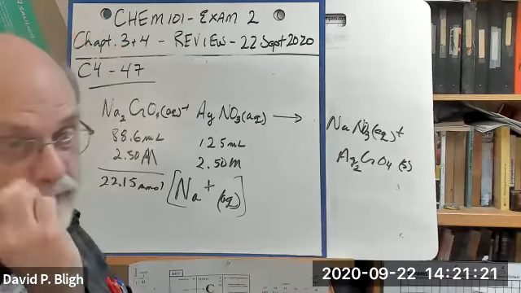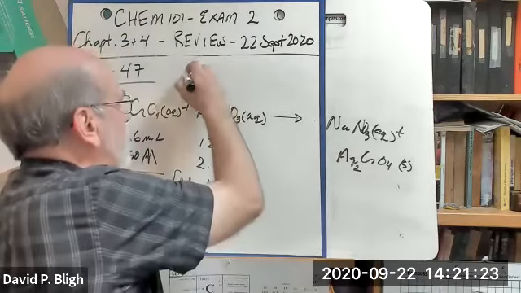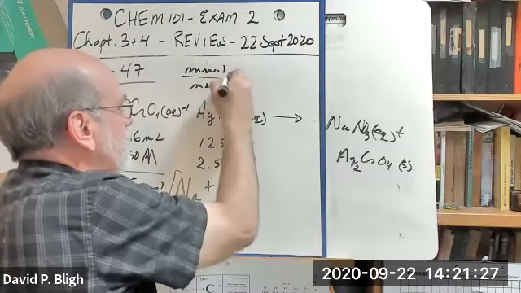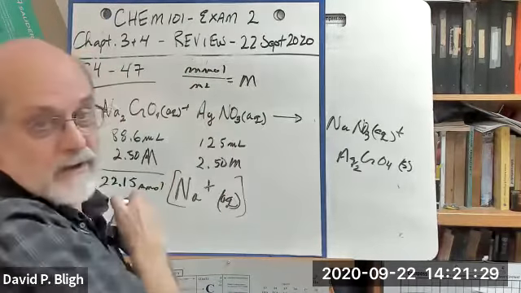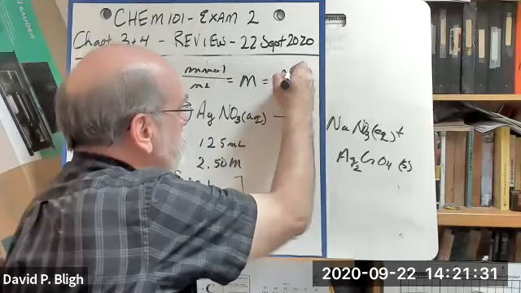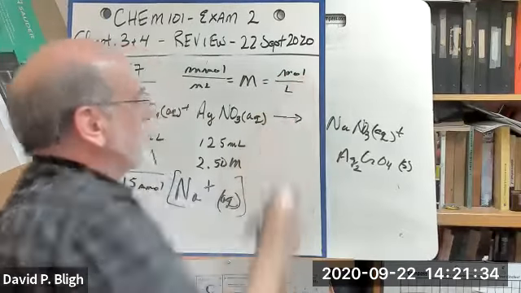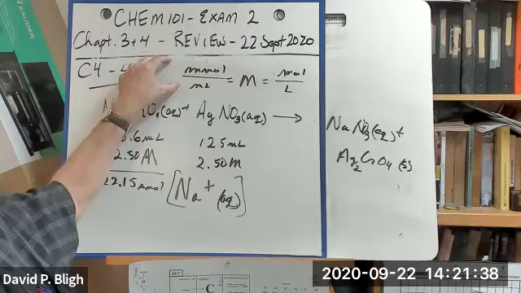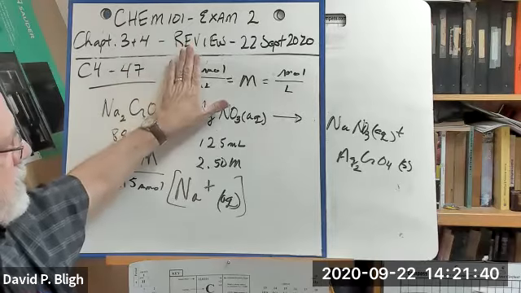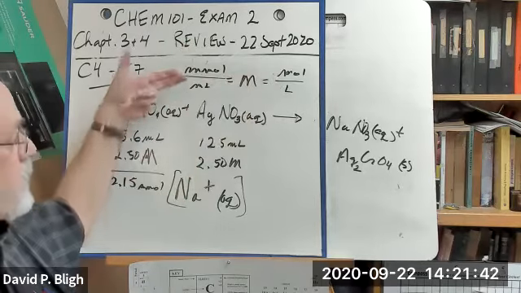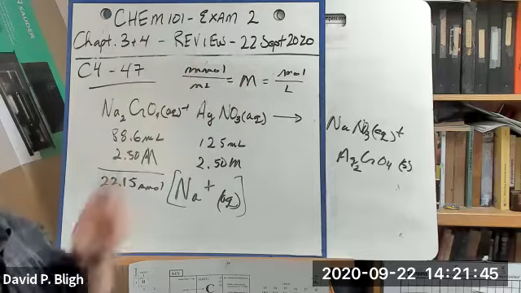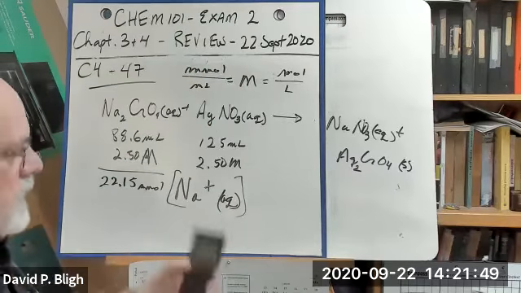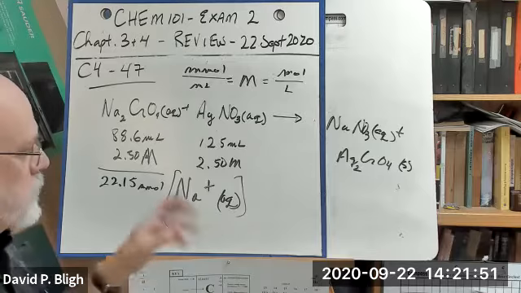But here's another thing. Millimoles per milliliter is equal to molarity, which is equal to moles per liter. Why? Because the milli cancels out. If you cancel out the milli, you got moles per liter. So this calculation gives you exactly the same value as the molarity that you would have for sodium.